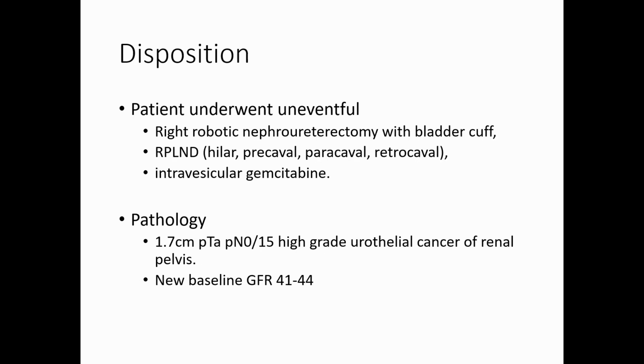So we offered surgery initially, and the patient underwent robotic nephroureterectomy with bladder cuff and lymph node dissection and intravesical gemcitabine at the time of surgery. Pathology showed residual tumor, non-invasive, high grade, and with a new baseline GFR close to what we predicted of 41 to 44.